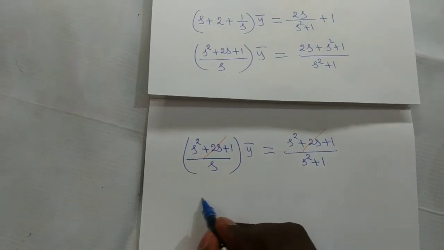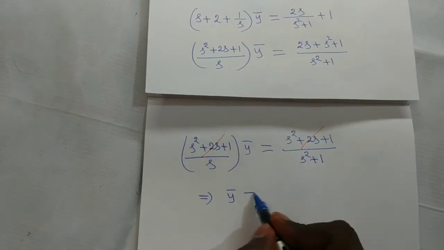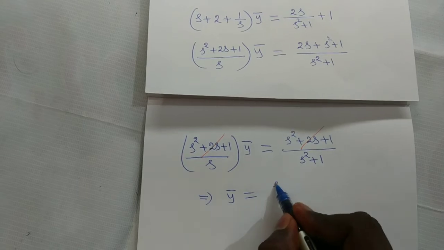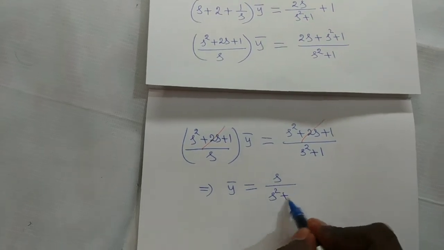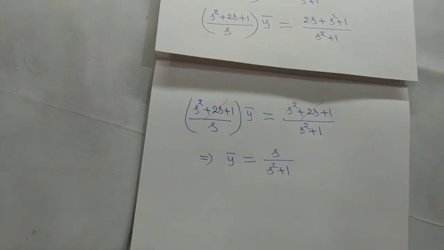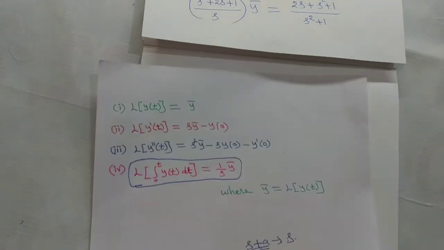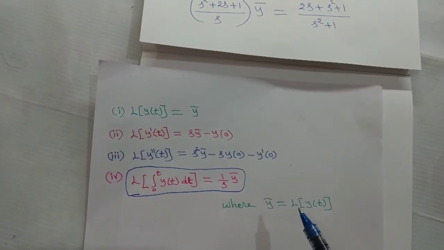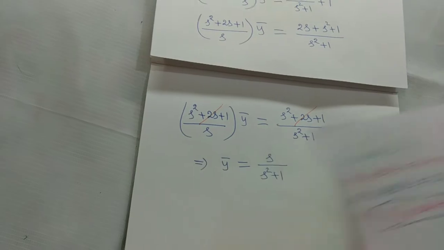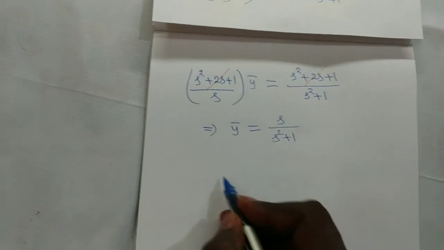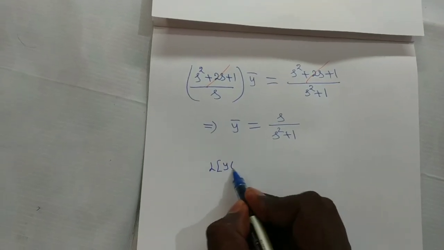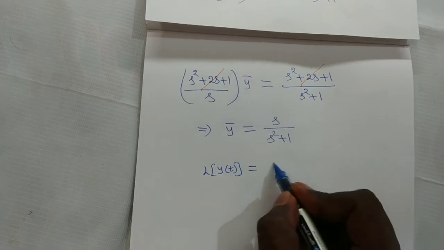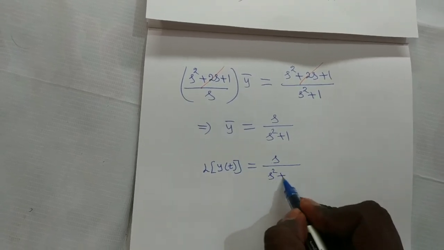So what is y bar? Taking s to this side, y bar is equal to s/(s² + 1). But we know y bar is L of y(t). Therefore L of y(t) = s/(s² + 1).